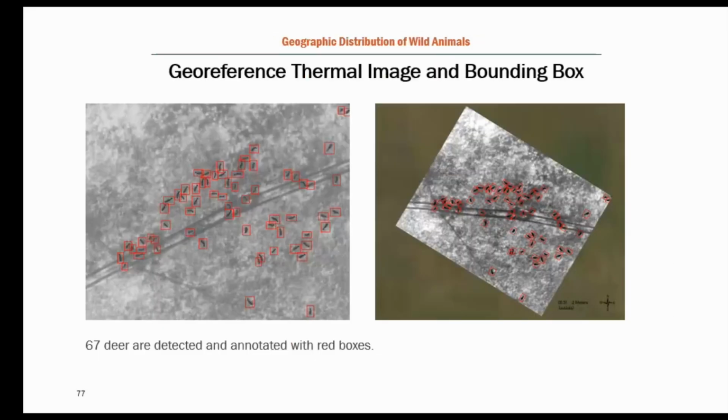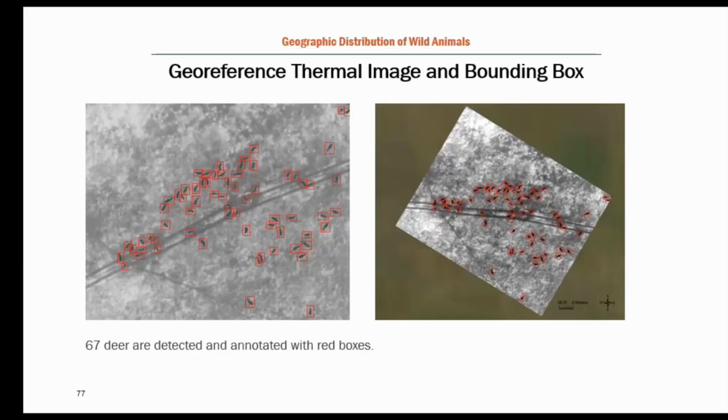In the previous maps, a point represents a thermal image. But a single thermal image may contain multiple animals. Therefore, the distribution of thermal images is not the distribution of the detected wild animals.